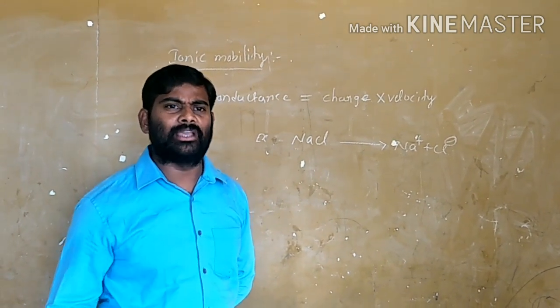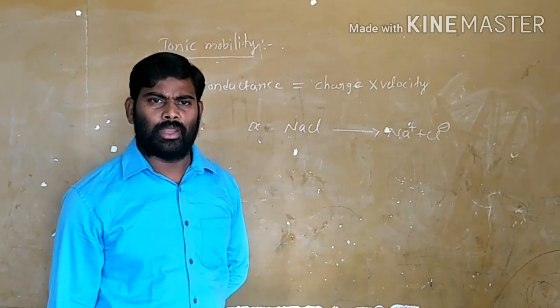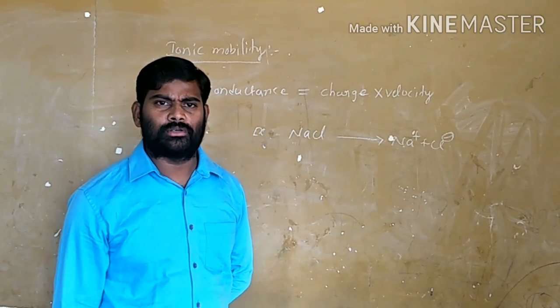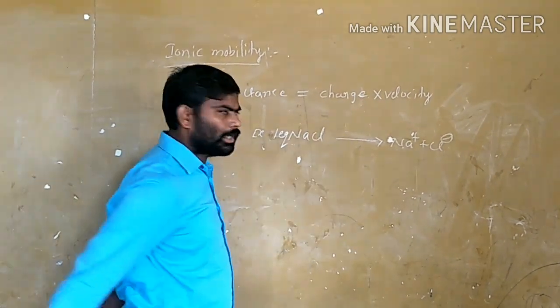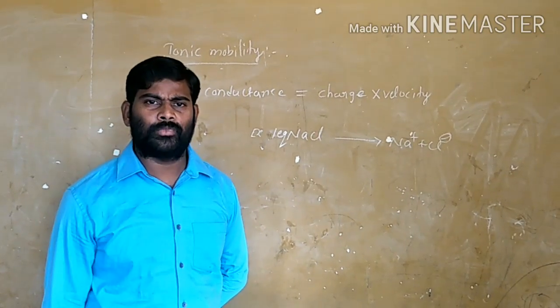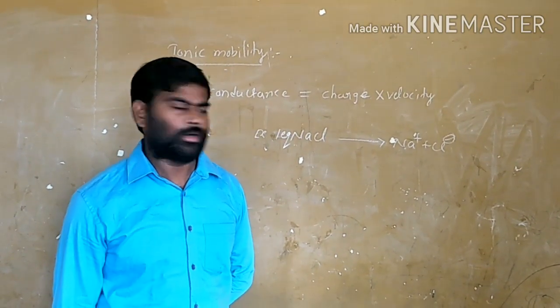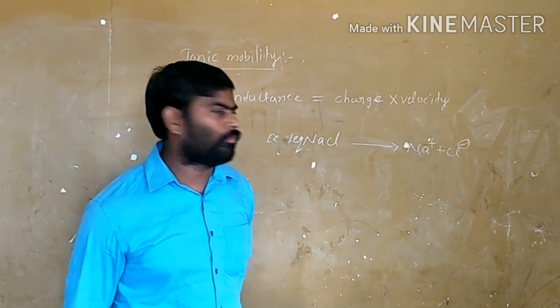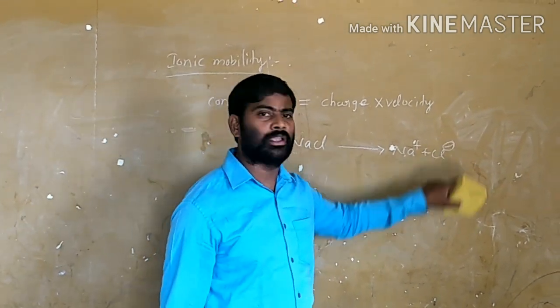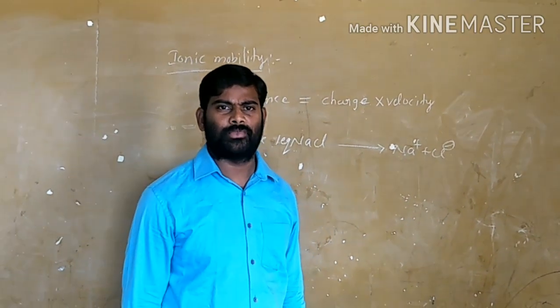As ionization increases, at infinite dilution, if you are taking one equivalent of electrolyte, by its ionization it produces an equivalent number of Na plus and Cl minus ions.